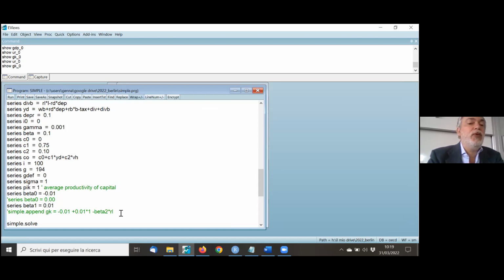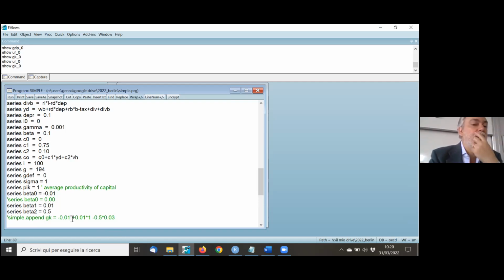So if we introduce a value of 0.03 in here, and let's say that we fix this parameter beta 2 to be 50%, then this will become 0 minus 0.015.